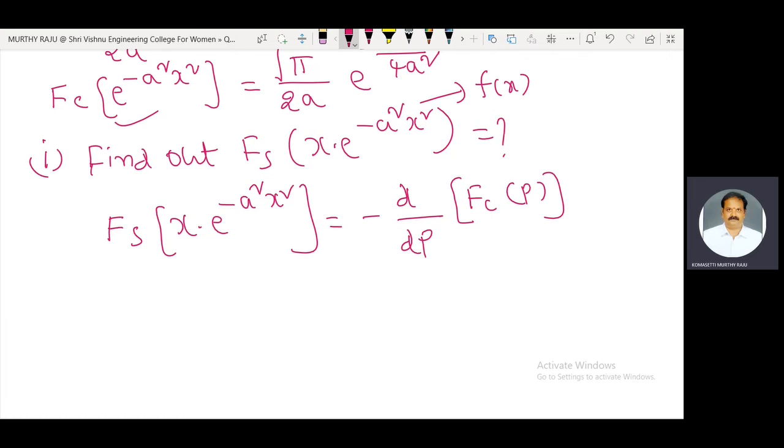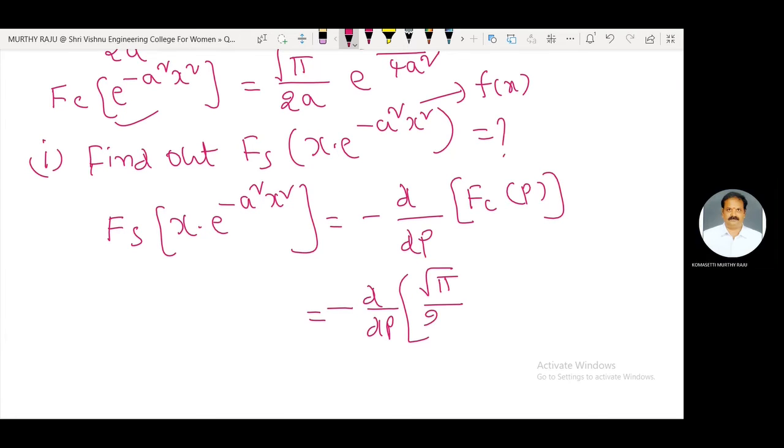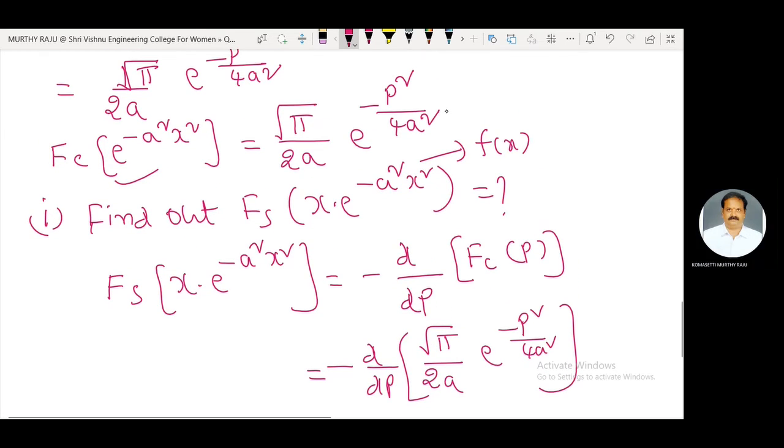Already Fc of p is found here. Minus sign means for cosine, differentiation is with a minus sign. That is the reason here we use minus sign. Minus d by dp of root pi by 2a e power minus p square by 4a square. This is the formula.